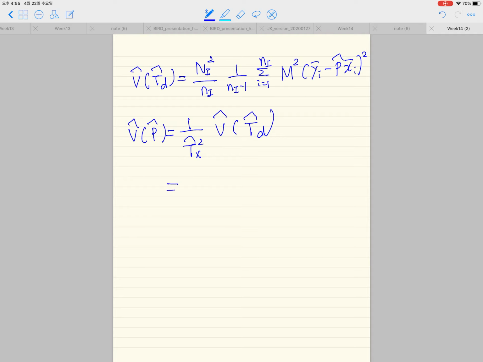You note that t hat x is a total estimator.